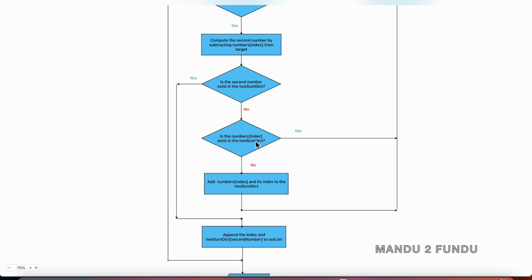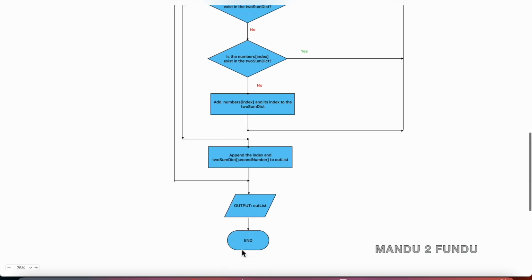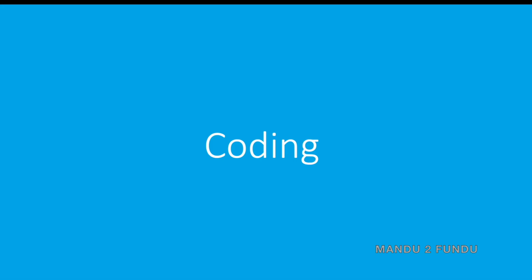Otherwise, we check whether the first number exists in the dictionary. If it doesn't exist, we add that number into the dictionary with the corresponding index, and proceed to the next iteration of the loop. This loop will run until all the elements are checked, and finally we come out of the loop and return the out list. Let's move on to coding.